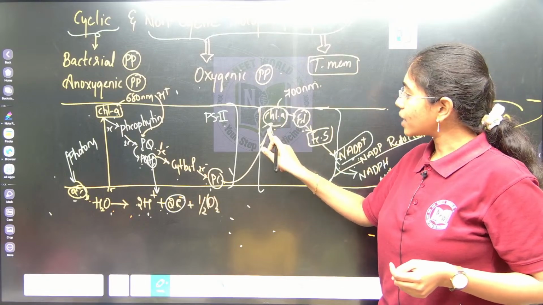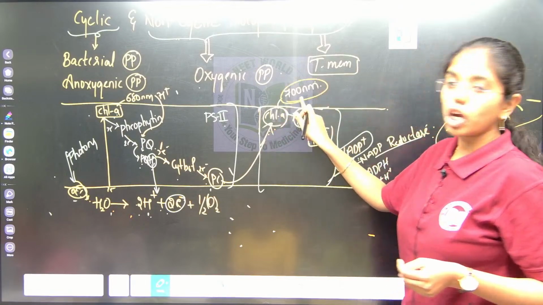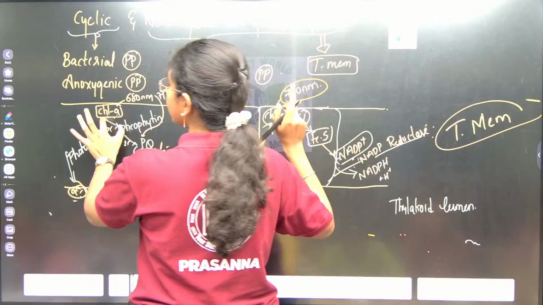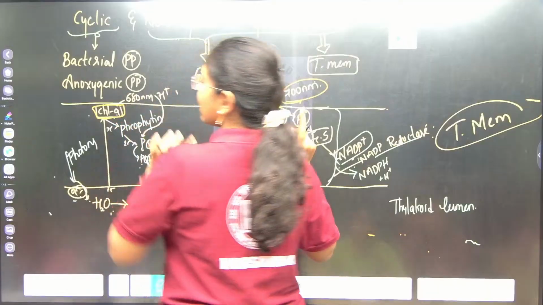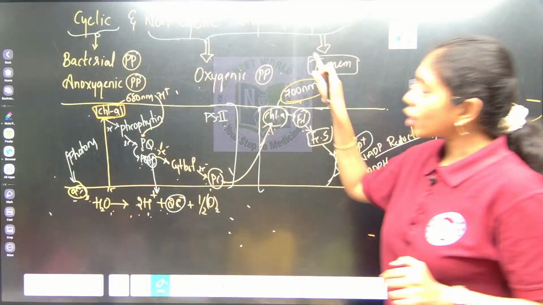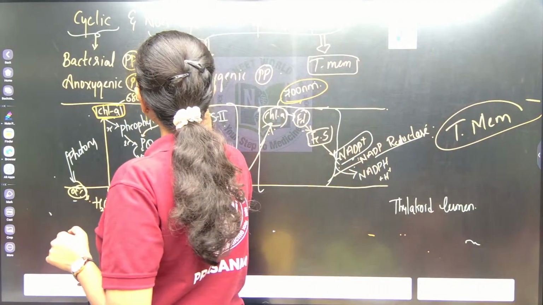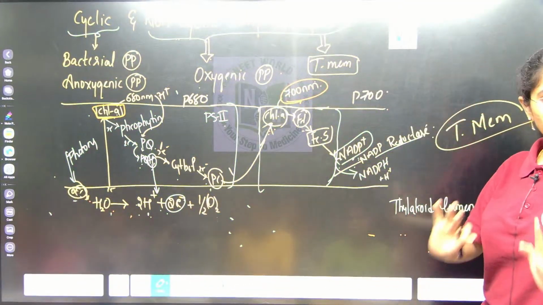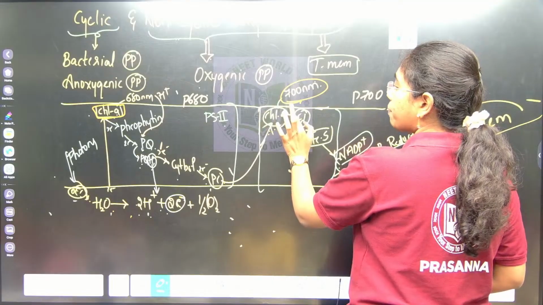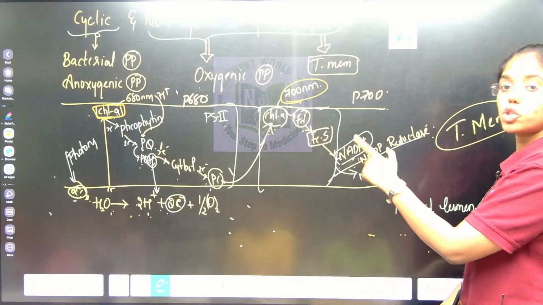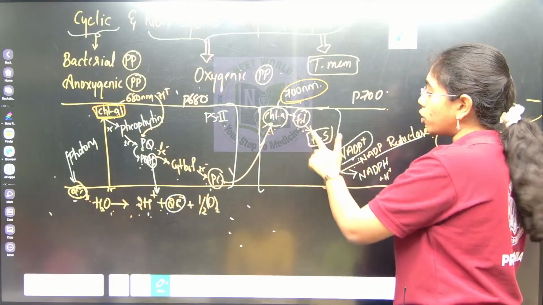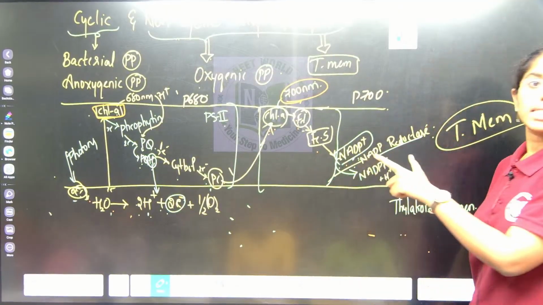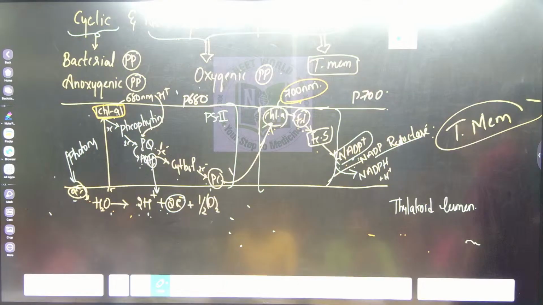This reaction center's maximum absorption wavelength is what? 700 nanometers. Here the reaction center maximum absorption is 680 nanometers. So you can address this as P680 and this as P700. The primary electron acceptor of PS1 is ferredoxin, then iron-sulfur complexes, and the ultimate electron acceptor is NADP plus.